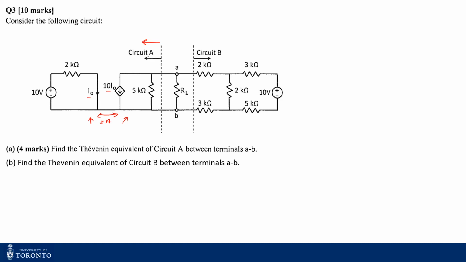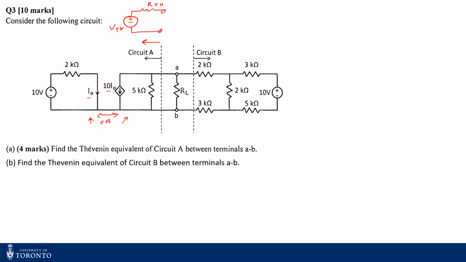Now I have to find out basically the equivalent circuit across the terminals A and B. For my Thevenin, for the left-hand portion, I have to represent this by something like a voltage source and a resistance, right?